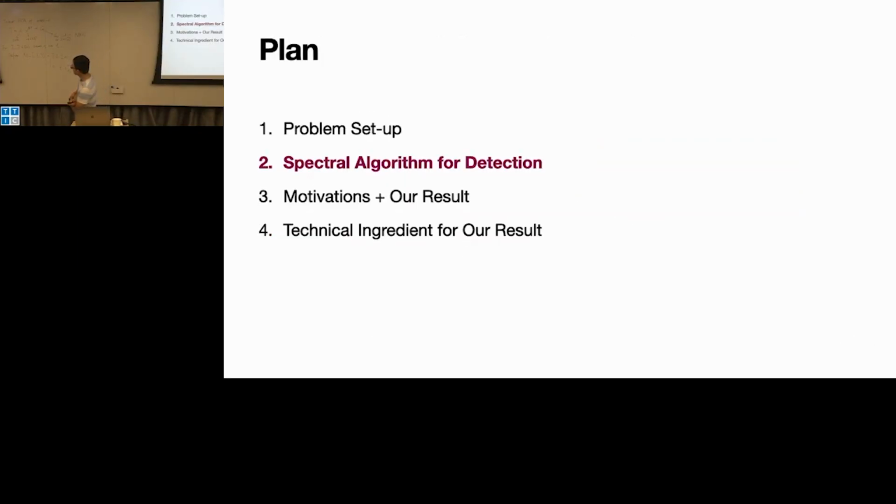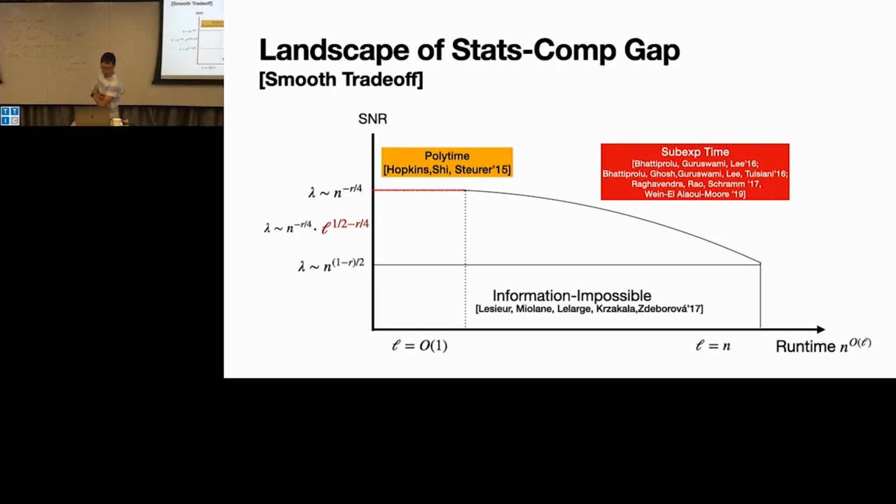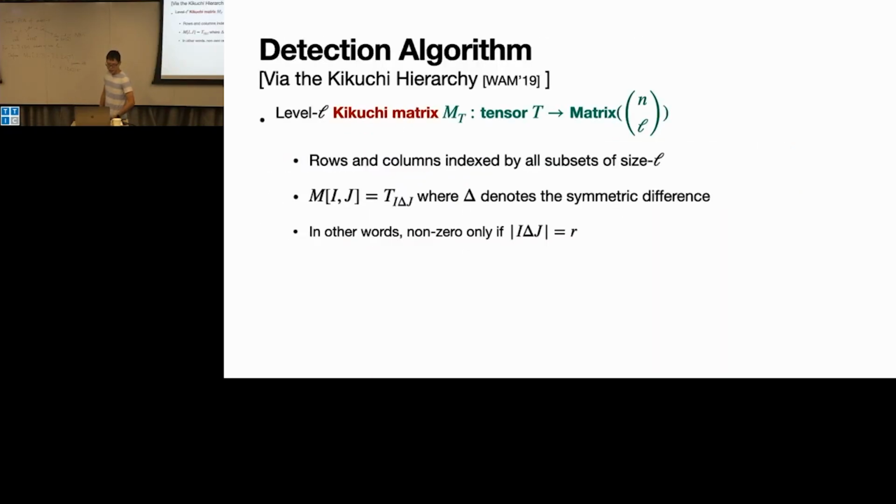So let me tell you about the algorithm for detection that matches this threshold for any L, actually, not just L equals order 1. Here, we are going to consider the algorithm put forward by the Kikuchi hierarchy. We look at the level L Kikuchi matrix as the following object.